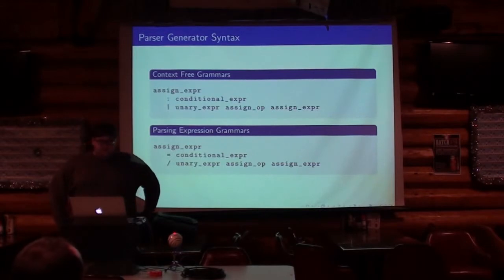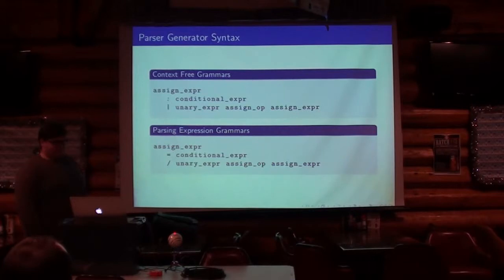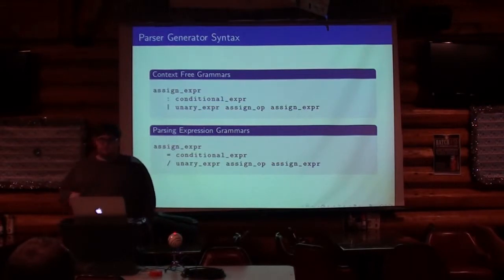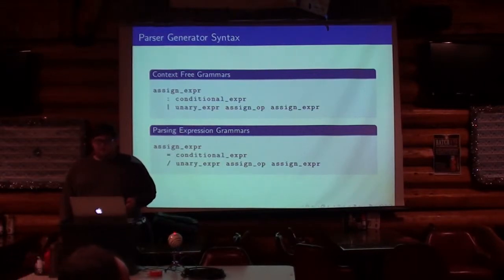And what this would look like in a parsing expression grammar is basically the same except we've replaced the or with a slash. Because parsing expression grammars don't do straightforward choice, there's an ordered choice. So parsing expression grammars will in order check whether something's a conditional expression. If that fails, then it'll check if it's a unary expression, assignment operator, and assignment expression.